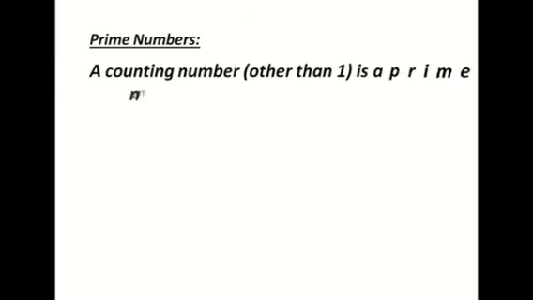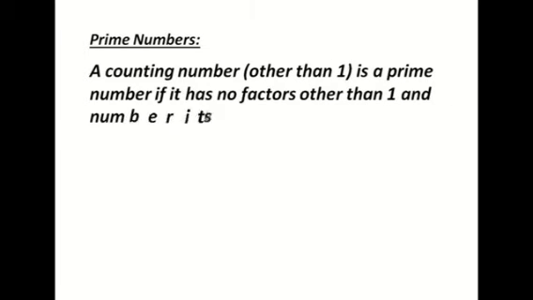Before starting the sums, I want to discuss a little bit about prime numbers. So what are prime numbers? The numbers having factors only 1 and the number itself will be called prime numbers. What I told? The numbers other than 1 having factors 1 and the number itself will be called prime numbers. So what is written here?